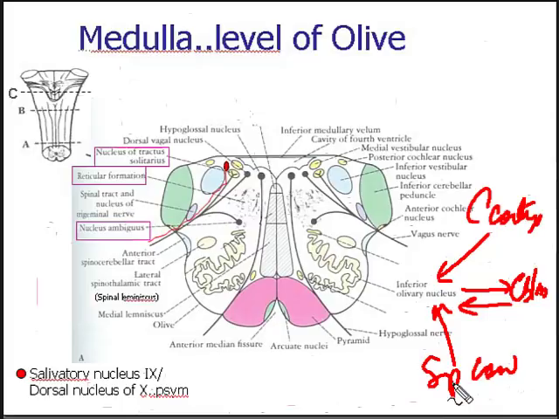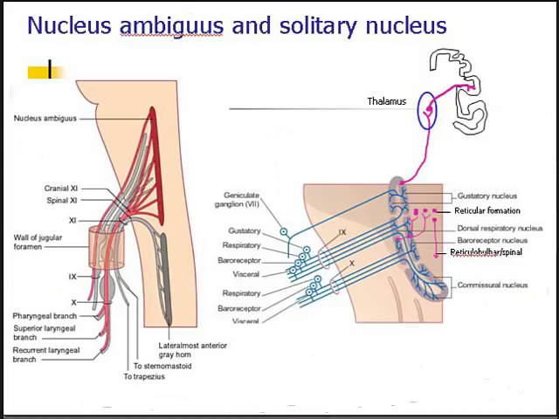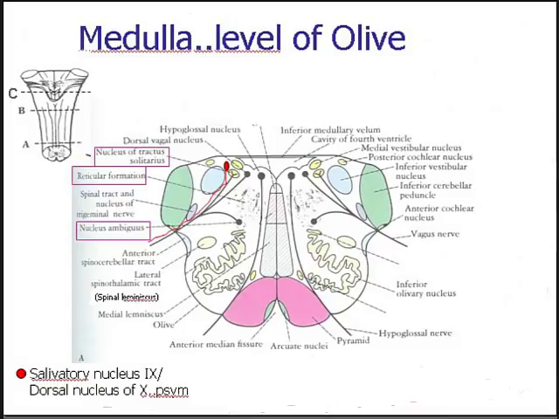Now let me go to the next slide, and just to explain that nucleus ambiguus. Also, there was another nucleus that I actually did forget to mention here, which was also called the nucleus of the Tractus solitarius, and that's this nucleus here, a very important nucleus. This nucleus is for taste. So it's a sensory nucleus, and it receives fibers from the 7th, 9th, and 10th.